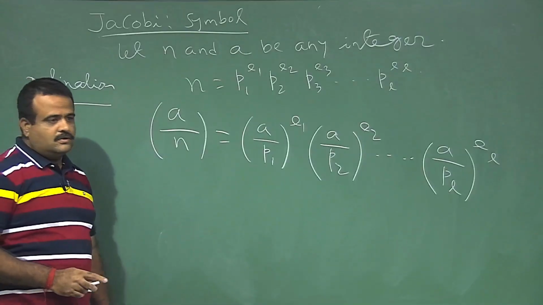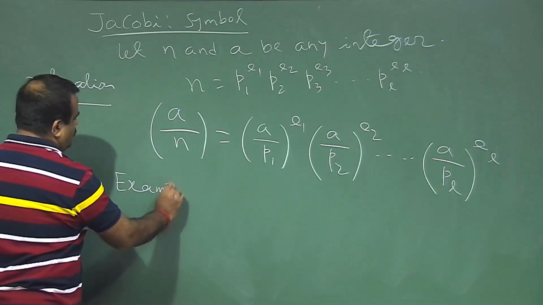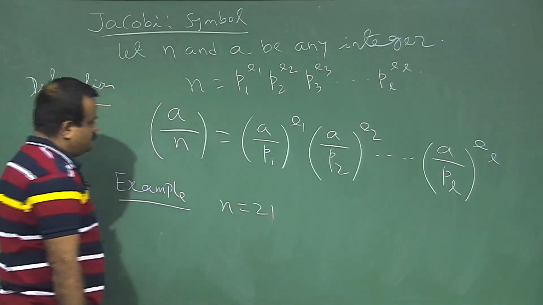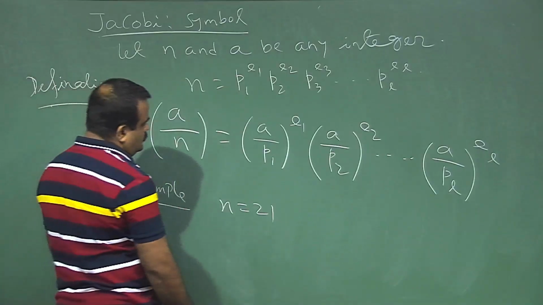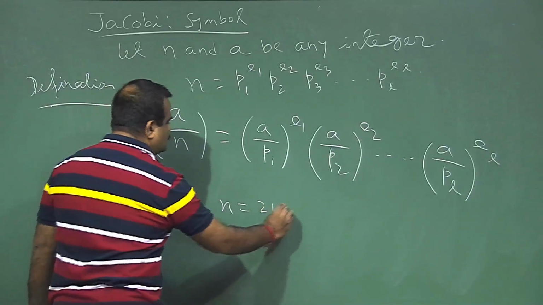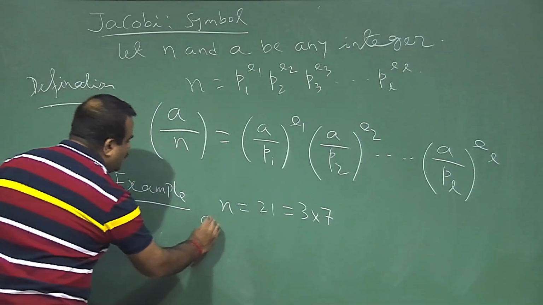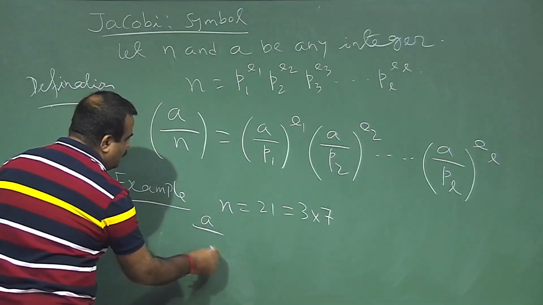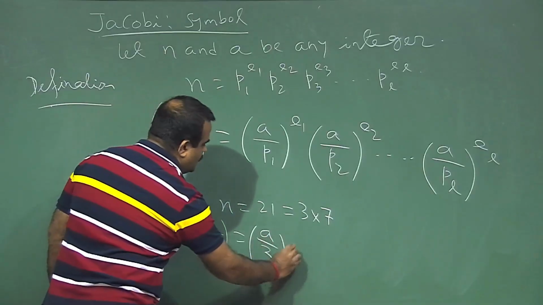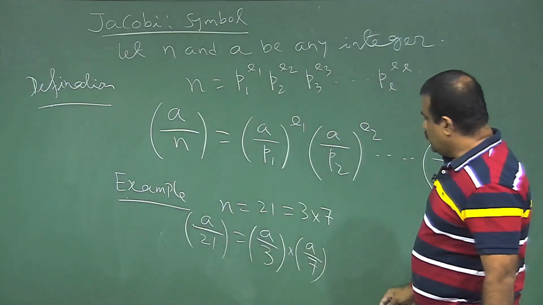For example, suppose we take n equal to 21, a simpler one. So 3 into 7, and 3 and 7 are prime. Now (a/21) is defined as (a/3) times (a/7).